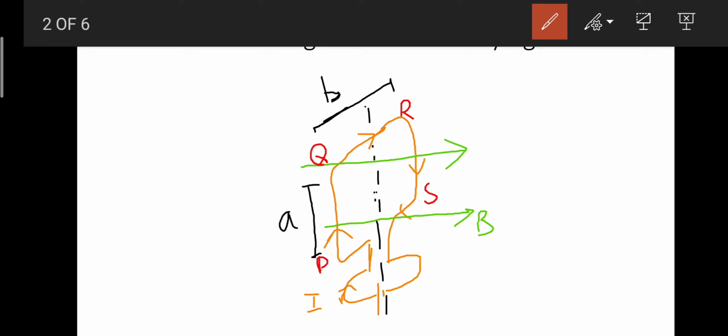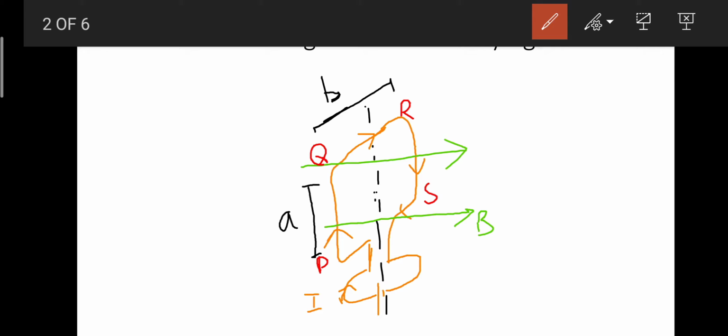Here you can see in this figure that I have taken a rectangular loop. For one side I'm taking its length to be a, and for the other side its length, or you can say width, is taken to be b.